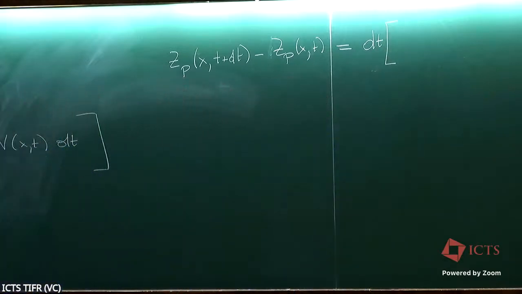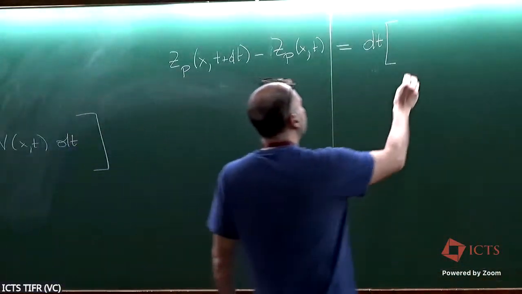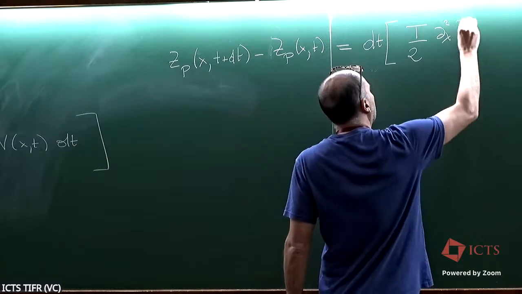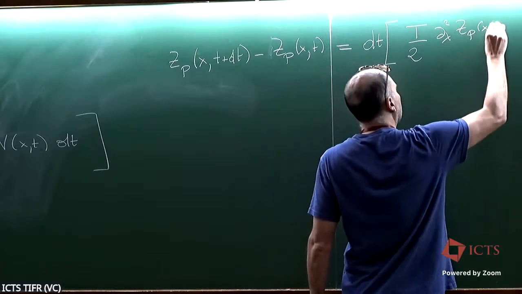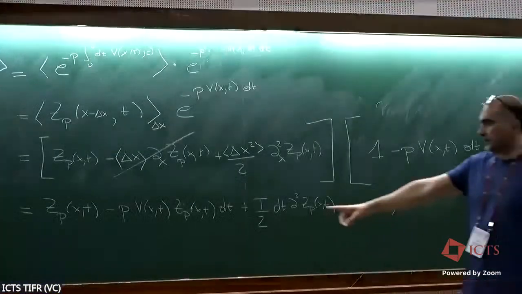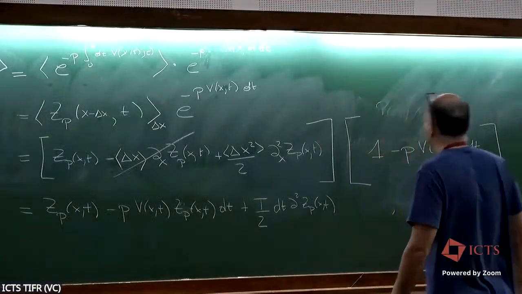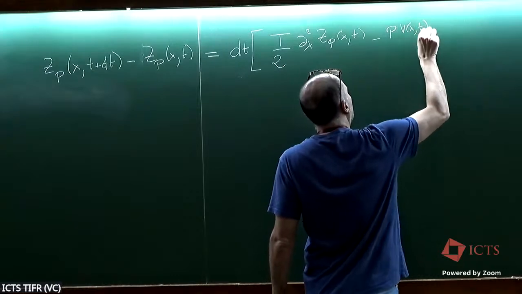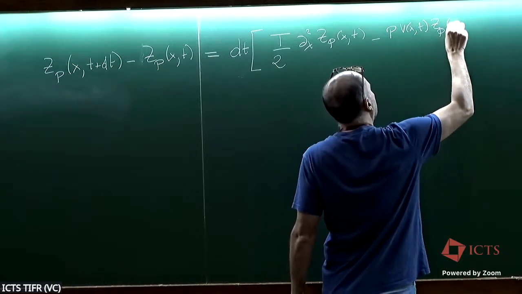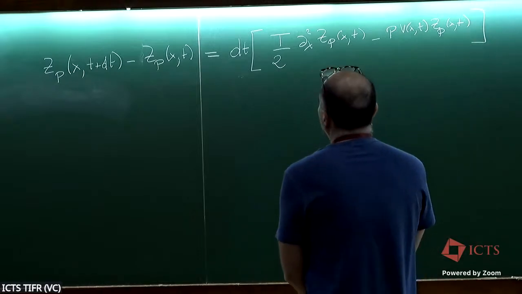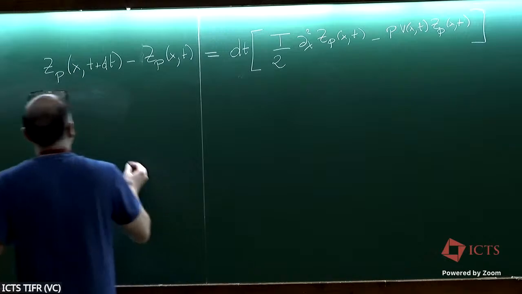The first one is T by 2 second derivative of z_p(x,t). And this term is minus p v(x,t) z_p(x,t). Okay, and now I have my differential equation.